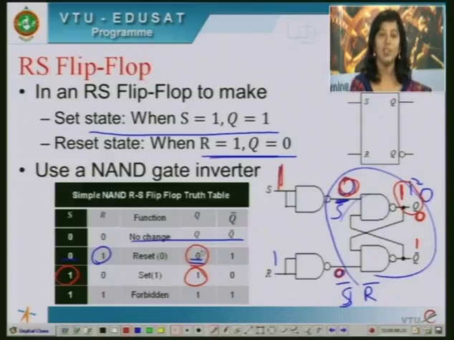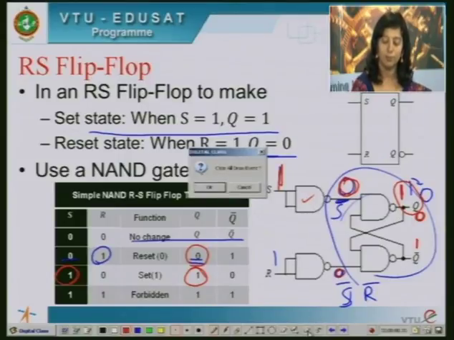The only additional thing I am achieving here is, when S is high, I am getting Q as high. When R is high, I am getting Q as low. So, reset is given, the output should become reset or 0. When set input is given as high, output should be in set state or 1 state. So, for that we are just adding two more NAND gates to invert. That is all.